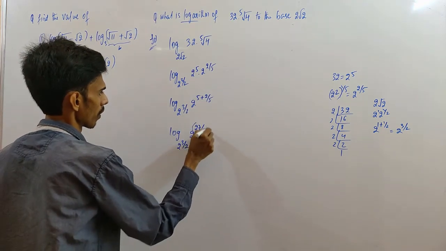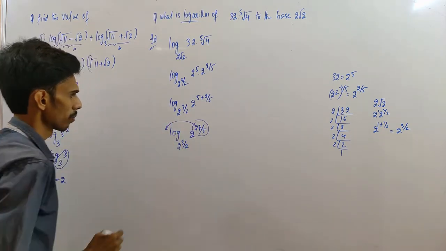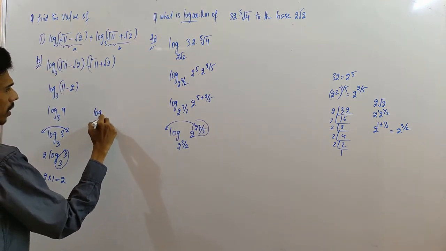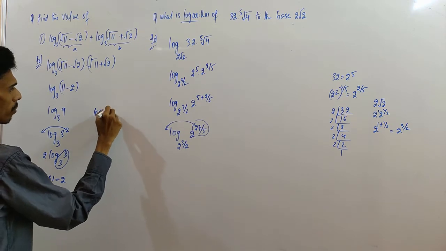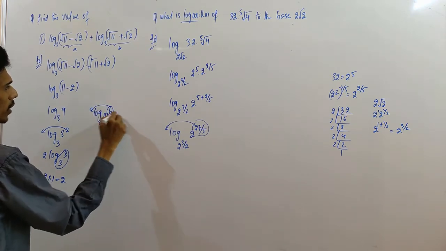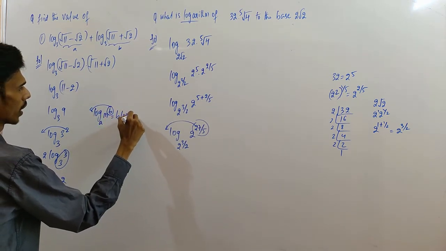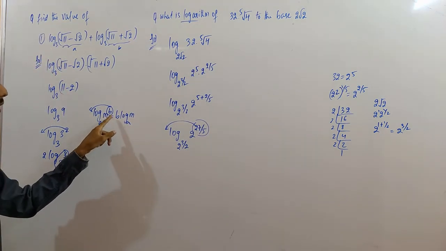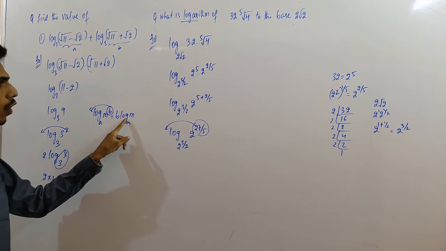Now this power will come here because of this formula, log of m power b is b into log m. Now this is in the form of log m power b to base a, b will come here, so it will become b log m base a.